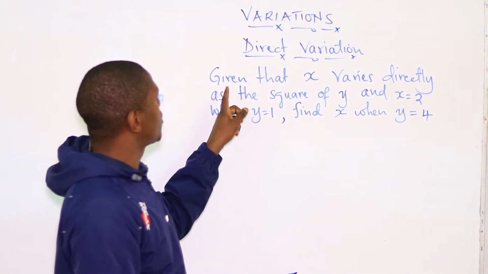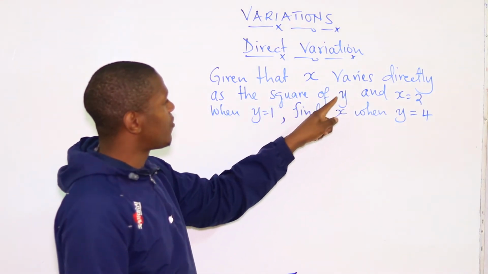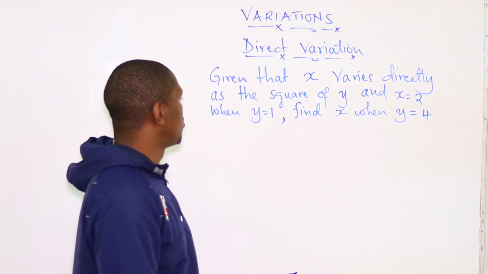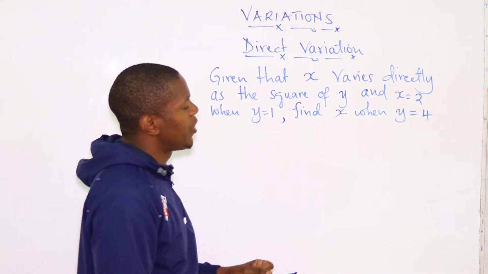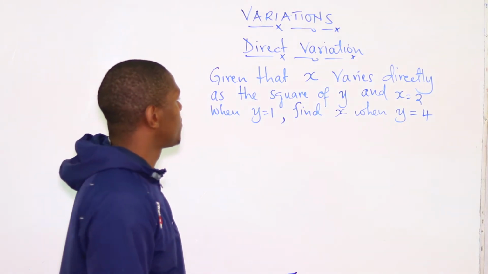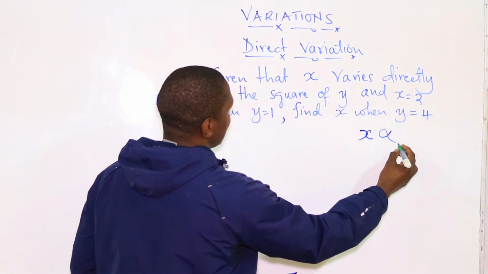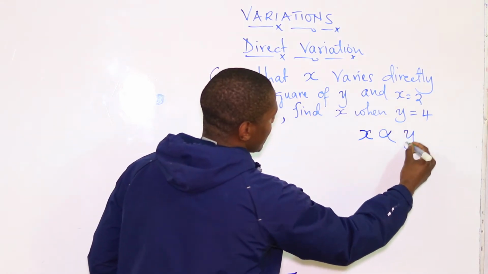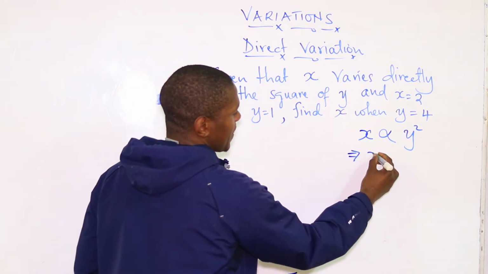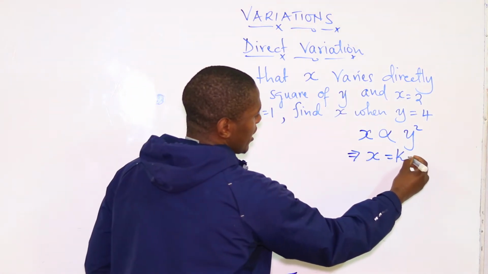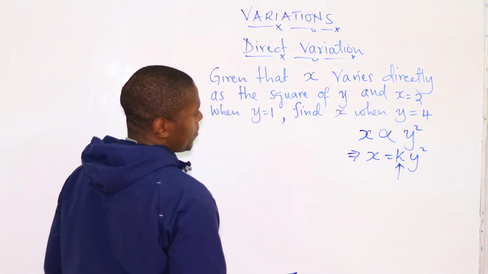Example 2. You're being told, given that x varies directly as the square of y, and x is 2 when y is 1, find x when y is equal to 4. So you're being told x varies directly as the square of y. This implies that x is equal to k y squared, where k is a constant of proportionality.